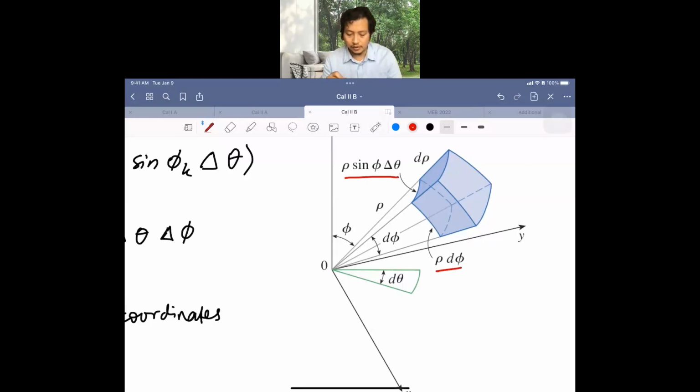So we could just multiply all of this, and then this will also be dphi. Or we could just write, it should be d, not delta.